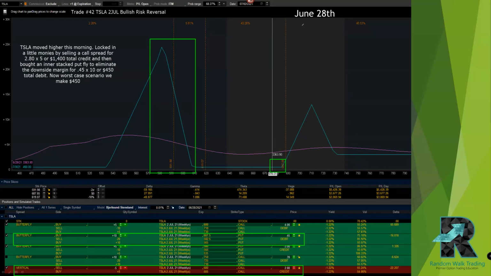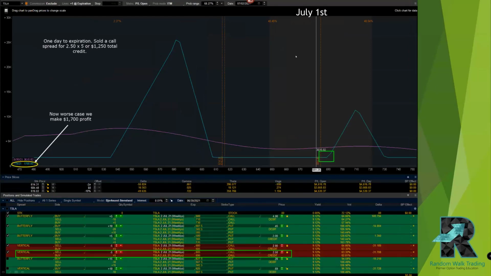And then on July 1st, the day before expiration, we sold the next 5-point spread. In this case, all I'm doing is just nibbling. I keep nibbling at this butterfly, each of these 5-point spreads. In this case, it wasn't the full 80%, but with a day left to expiration, there's not much stuff in the cupboards for the butterflies to eat.